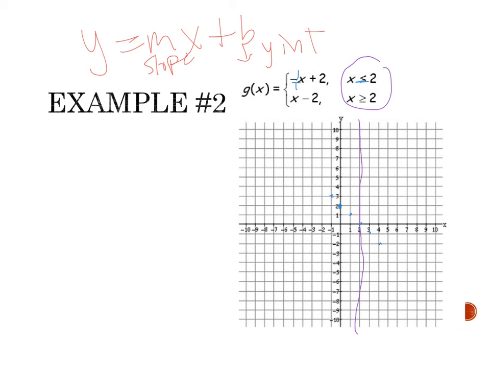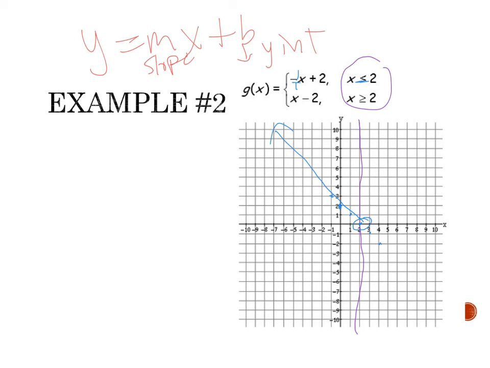Less than would be to the left. So I'm only going to graph left of my purple line. And because my inequality was just a less than, on my boundary I'm going to draw a big open circle, and I'm going to draw to the left. So I'm only going to draw that piece of the graph.